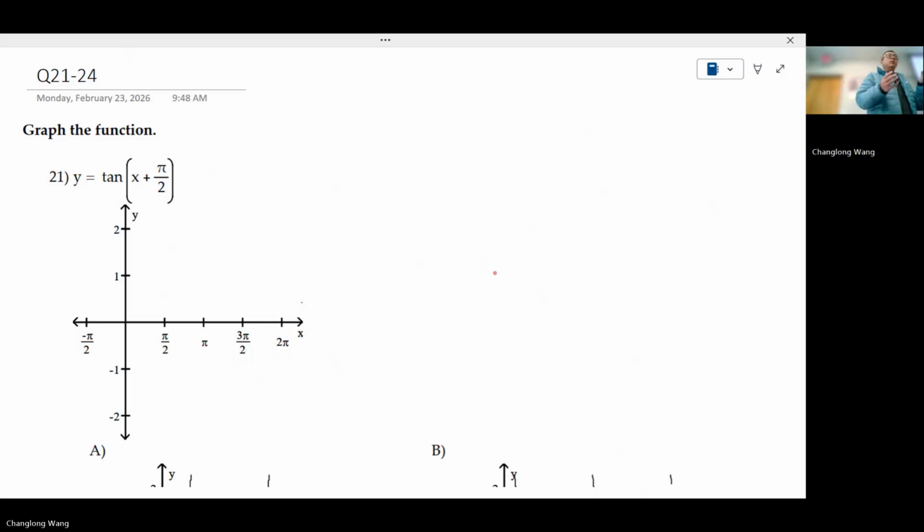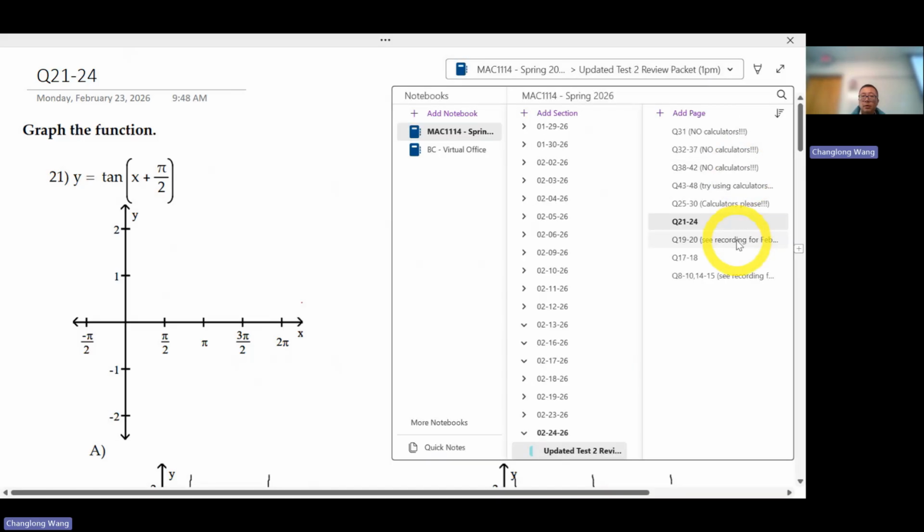But what you should do before coming to me tomorrow is, of course, try some of the problems that I didn't do, right? But I did cover the method and the skills, for example, those inverse functions and stuff. When it comes to graphing, you see that I picked from 21 to 24, that's the second packet, the updated version, right? So let me see if I have any more.